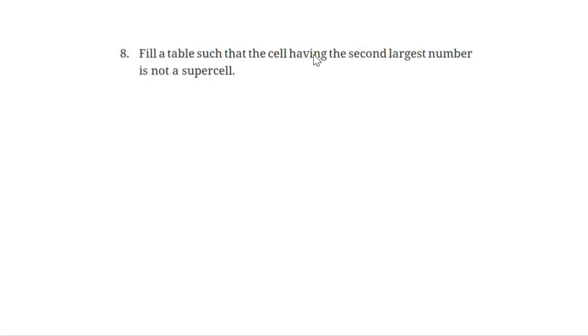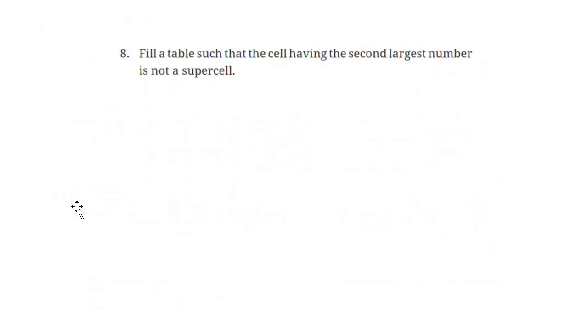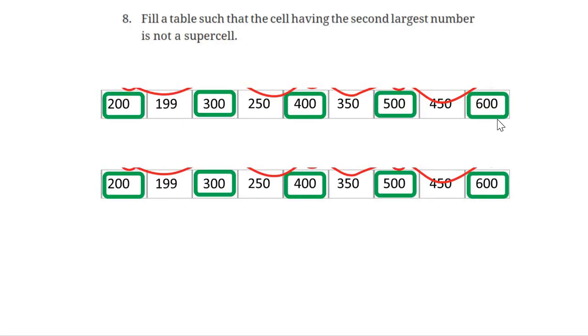Fill a table such that the cell having the second largest number is not a supercell. Okay, let's see. Again, let us consider the answer to this third question over here. See this supercell, this cell, and here the largest number. What is the largest number? Well, the largest number is this one, so it was a supercell, and the second largest number is 500.